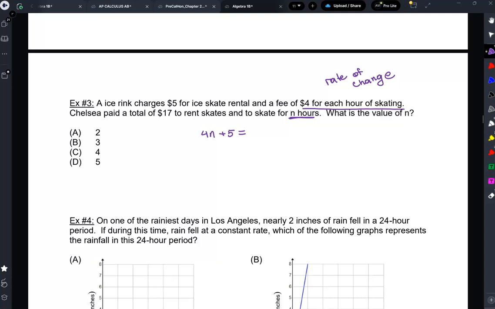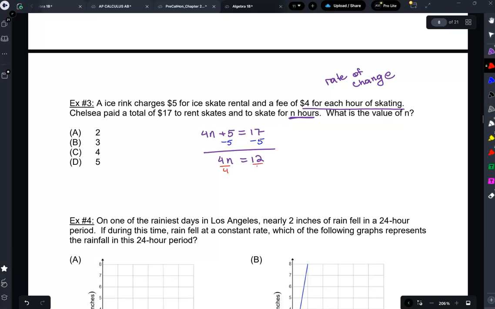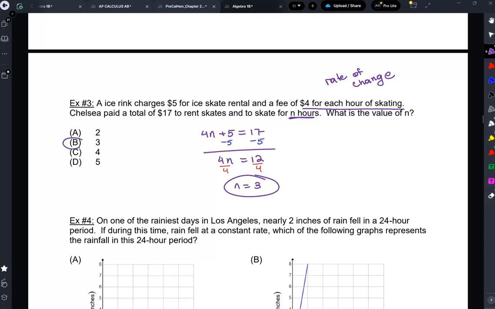And total, we paid 17. Okay. So now we're going to solve this. Minus 5. 4n is 12. Divide by 4. N is 3. So there we go. That's B. Okay?